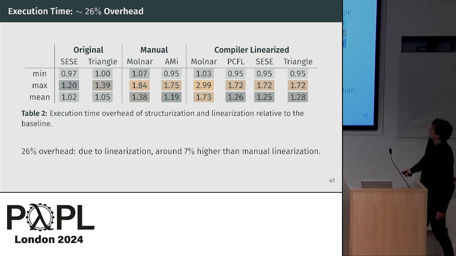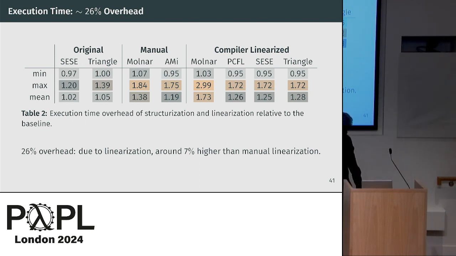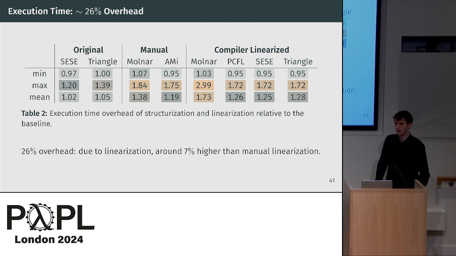So yeah, the linearization method that I've described is the one right here, and so that's around 1.26 on average, and the manual AMI linearization is 1.19 on average. So this means using the hardware but doing the linearization by hand? Yeah, using the hardware and doing the linearization by hand, which is slightly more efficient than doing it automatically with the compiler.